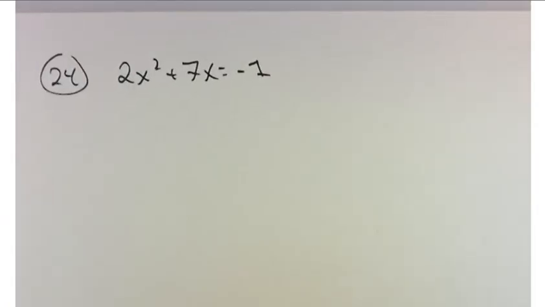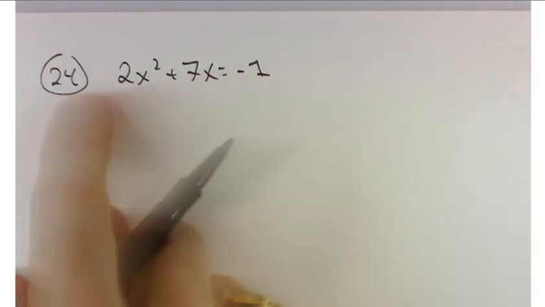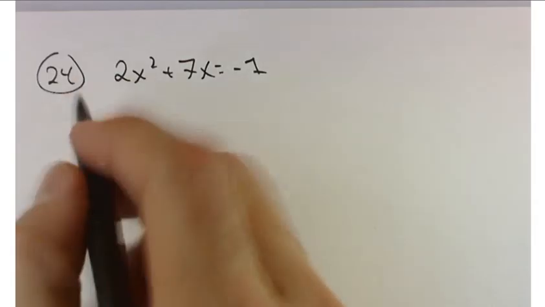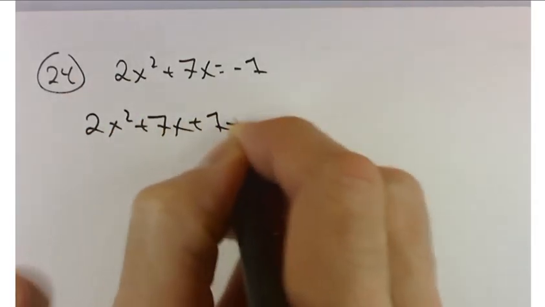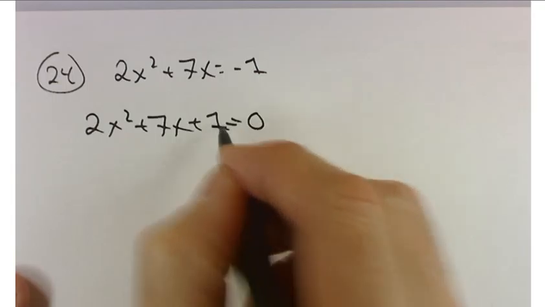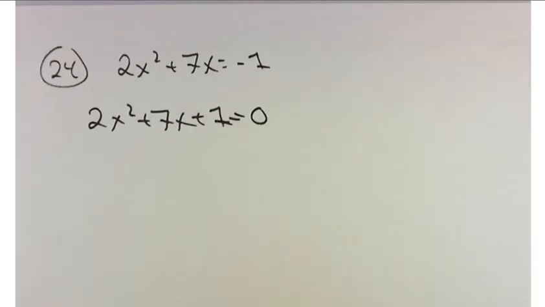First of all, this isn't in the right form to even use the quadratic formula. So what do I have to do first? Yeah. Add 1 to both sides so that I get 0 on one side. In order to use the quadratic formula, you have to have 0 on one side. So there we go. You should always check to see if it factors.